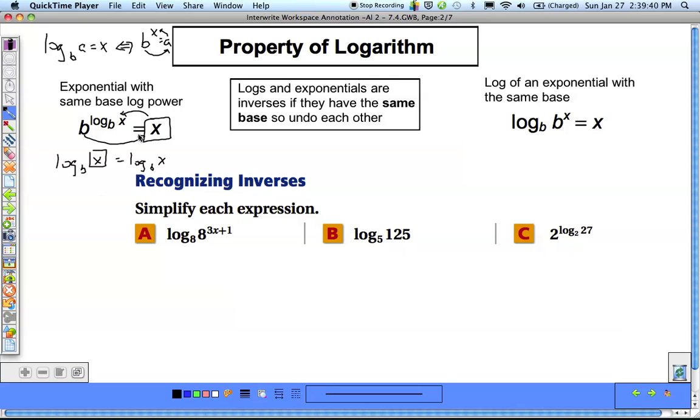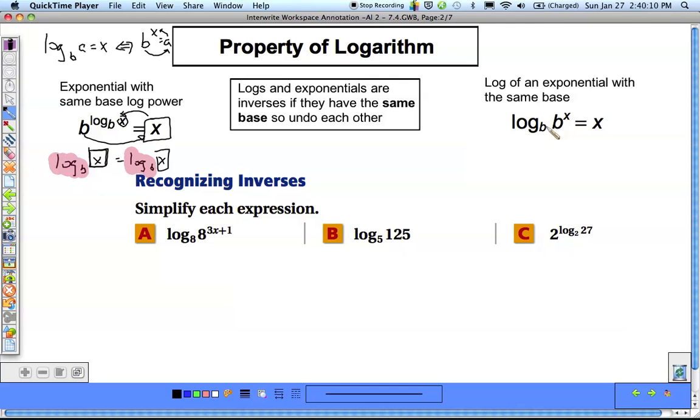Well, when we rewrite this in logarithmic form, we see that we have log base b here along with log base b here. When you have two logs that have the same base, what you're taking the log of should be the same thing as what you're taking the log of on the other side, which means x should come out to be equal to x. So what this is saying is that when you have the base and you're raising it to the log with the same base, those two things just cancel each other out, leaving you with what you're taking the log of in that exponent.